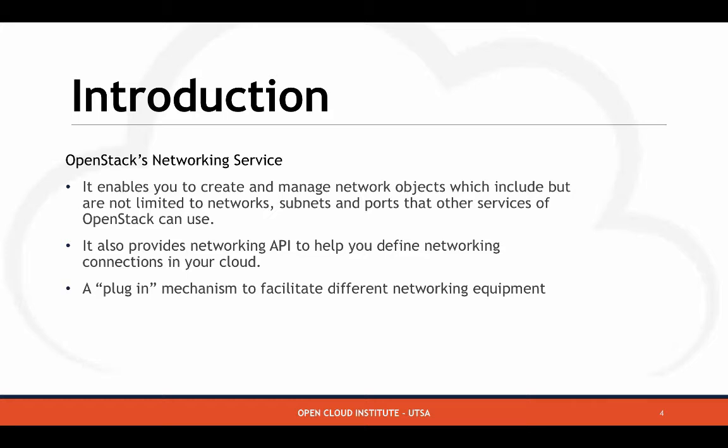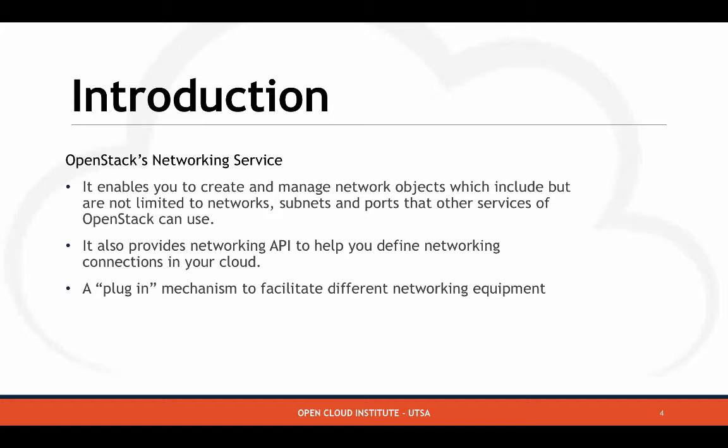Neutron is OpenStack's networking service. If you want to be familiar with pretty much everything related to networking in OpenStack, knowing Neutron is all you need. Neutron is built to deliver networking as a service in a cloud environment. It enables you to create and manage network objects which include but are not limited to networks, subnets, and ports that other services of OpenStack can use.